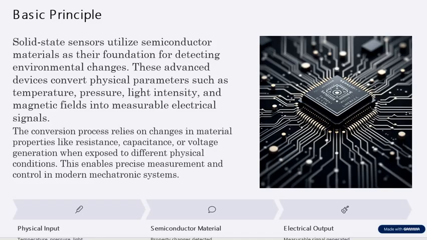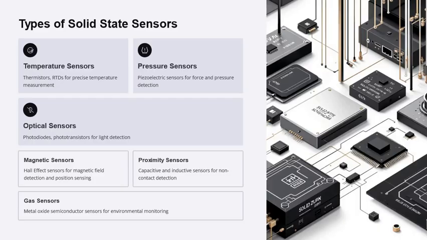The transducer conversion process realizes changes in material properties like resistance, capacitance, and voltage generation when it is exposed to different physical conditions. This enables precise measurement and control in modern mechatronic systems. It takes some physical input, and then through the semiconductor material, the output is an electrical output. It should be measurable and we can amplify it.